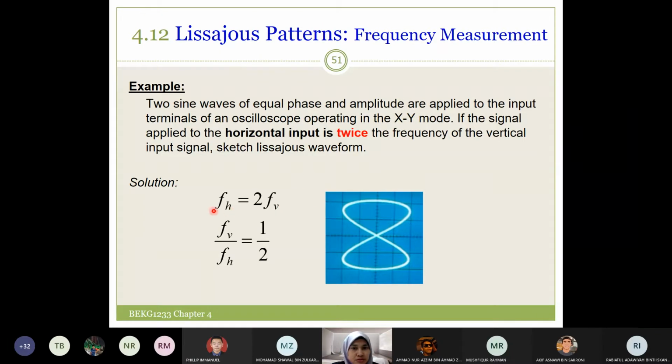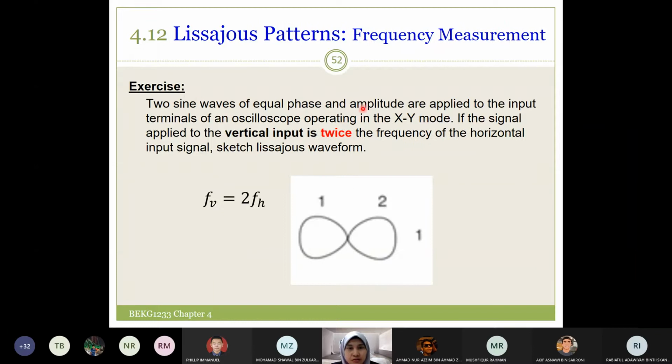The Lissajous pattern will be like this: only one loop on horizontal and two loops on vertical, 1 and 2. The question is to sketch the Lissajous waveform, so you can sketch like this, an 8 shape.